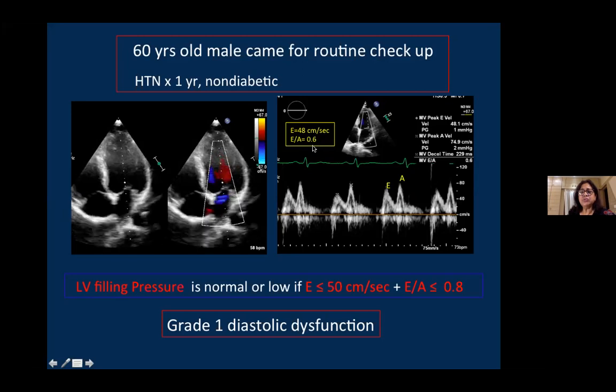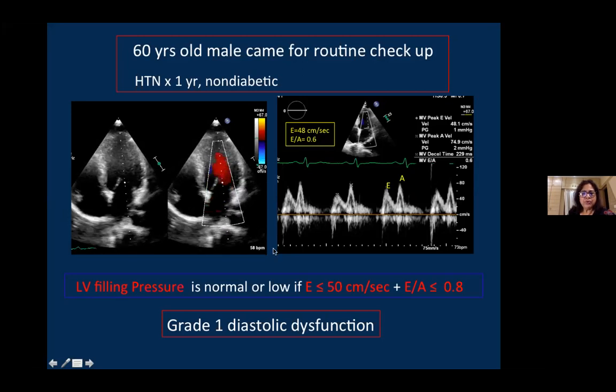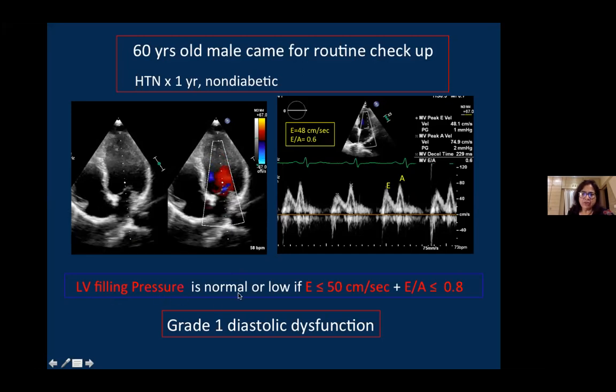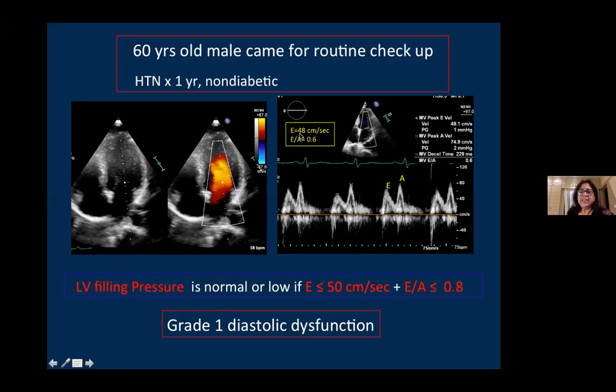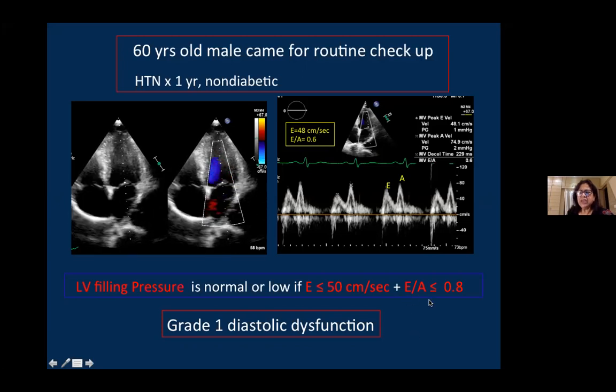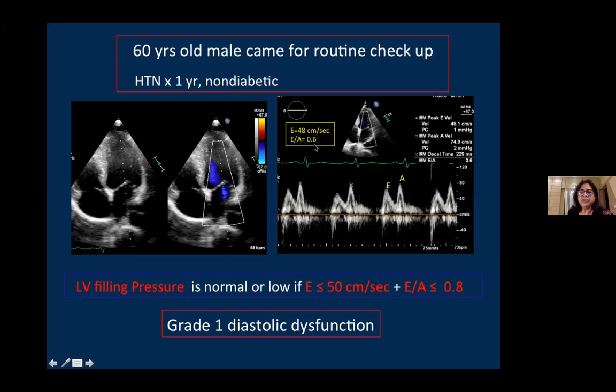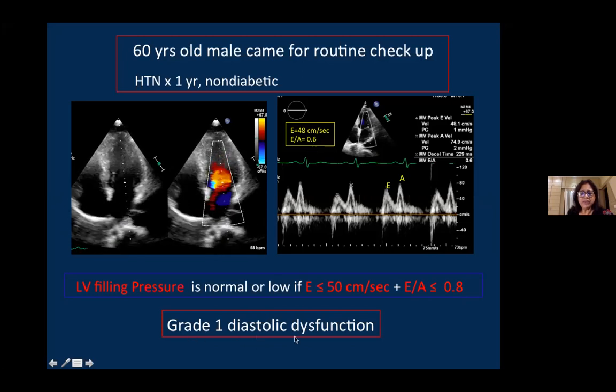EA ratio is 0.6. So, as per the latest ASE guideline, LV filling pressure is normal or even low if E wave is less than 50 centimeter per second, which is present in our case, plus EA ratio less than 0.8, which is also present in our case. So we can label this case as grade 1 diastolic dysfunction.